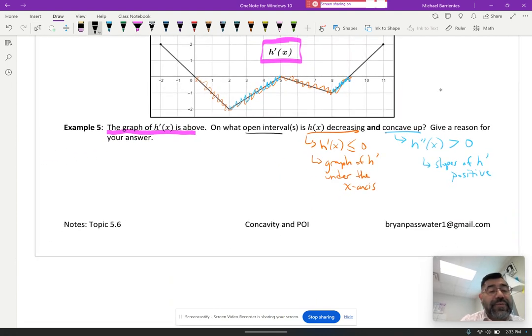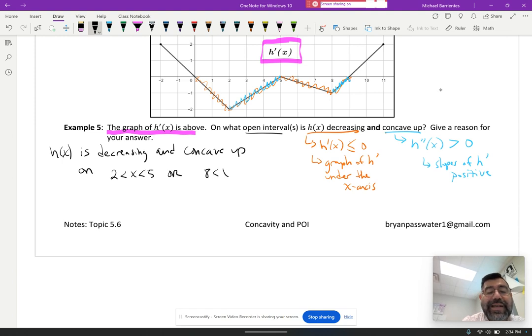They're asking for open intervals, so we can say h of x is decreasing and concave up on the interval between 2 and 5, or in the interval between 8 and 9. And I know that because the first derivative of h is less than or equal to 0, and, don't use or, and, because both things have to be true, the second derivative of h is greater than 0.